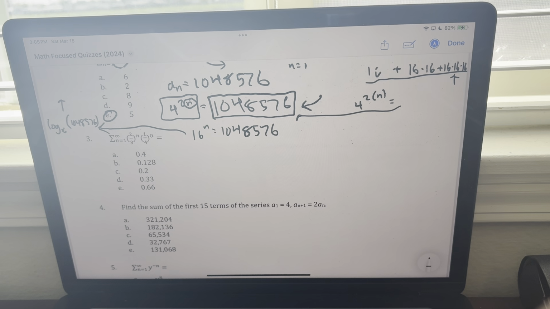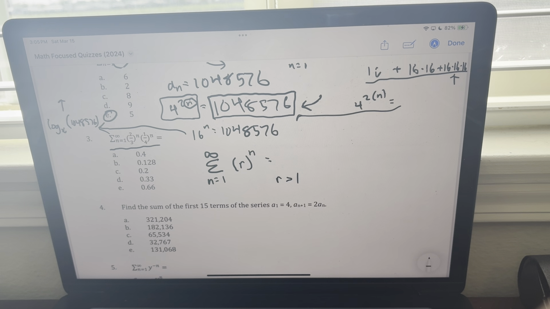Next up, we've got an infinite series. So if I may remind you here, an infinite series is one in which we have n equals 1 or any other number on the bottom there, all the way to infinity, and then we have some common ratio, r, to the power of n. And so this is going to equal a finite number unless r is greater than 1.